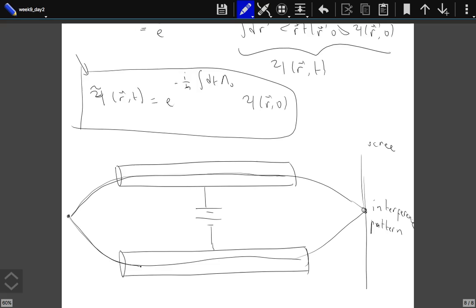And since we are creating a potential difference between the upper cylinder and the lower cylinder, those two wave packets will acquire different phases if there is a potential difference. So the interference pattern is basically determined by the phase differences between the wave packets. Now, applying a potential difference in the cylinders will change the phase difference, and hence it will change the interference pattern. The interference pattern will basically shift.